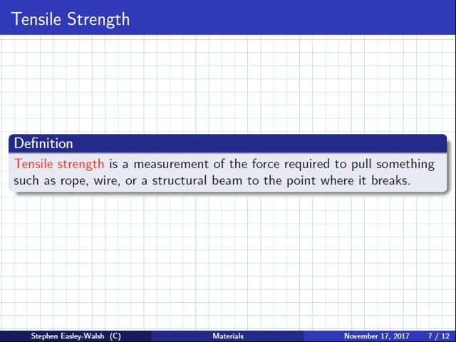Simply put, the tensile strength is the force required to break something that's used as a support, like a rope or a beam or a leg of a chair. It's like the breaking point for the support. So obviously this is important to know in engineering. If you build a bridge, you want to know the tensile strength. How much force will bring the bridge down?